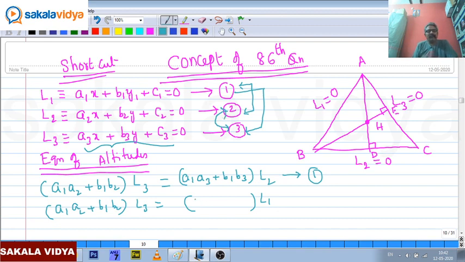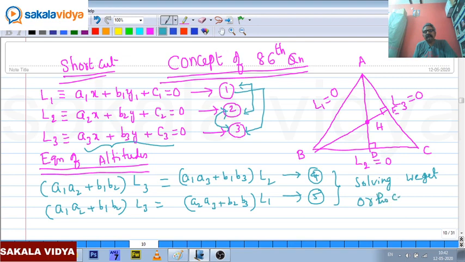Here A2 A3 plus B2 B3. See, this is equation 4, equation 5. Solving, we get orthocenter H. That's all.